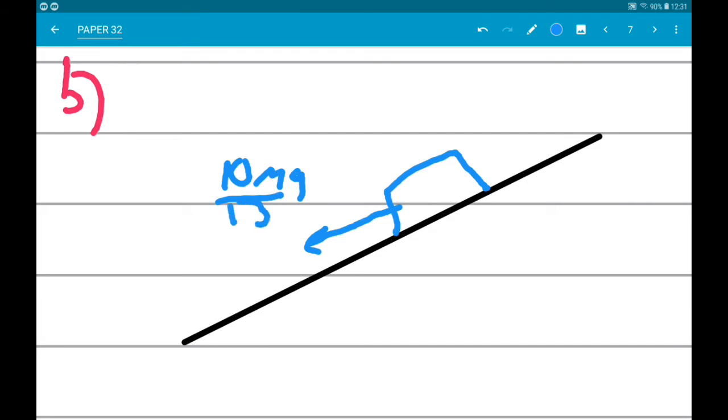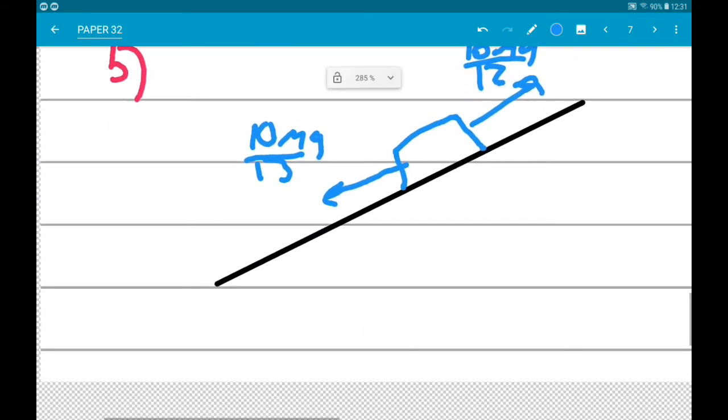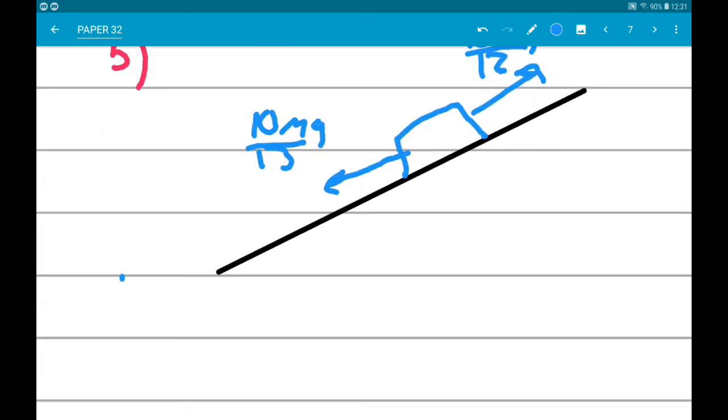Now, what's stopping it from falling back down? It's friction, which was 16mg over 13. Now, 16mg over 13, which is the friction, is greater than the force trying to pull it down.